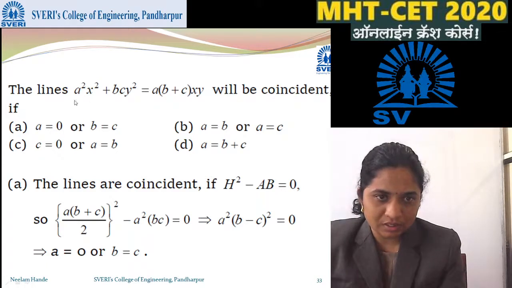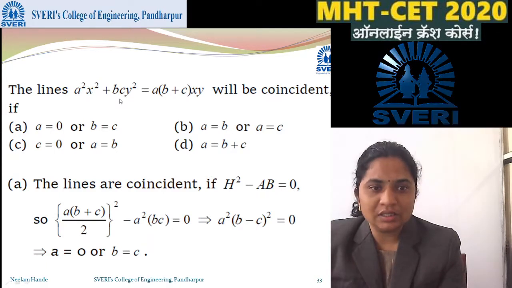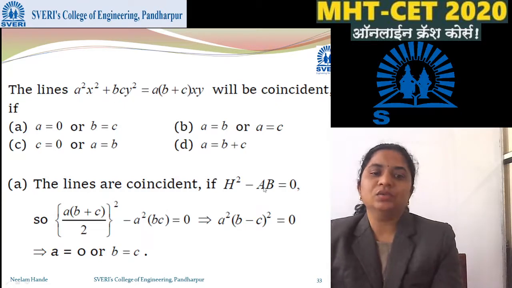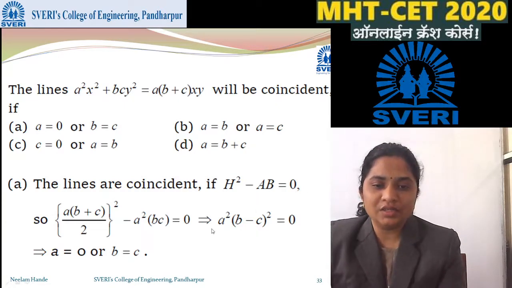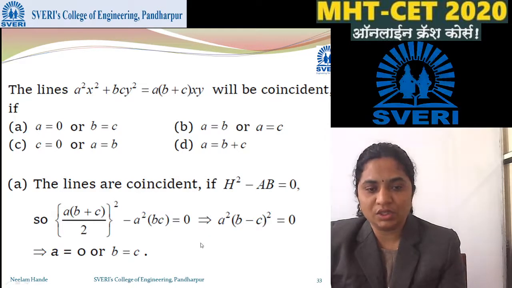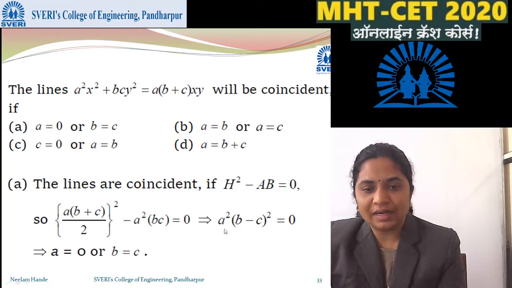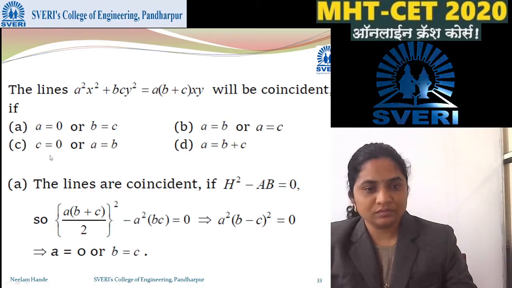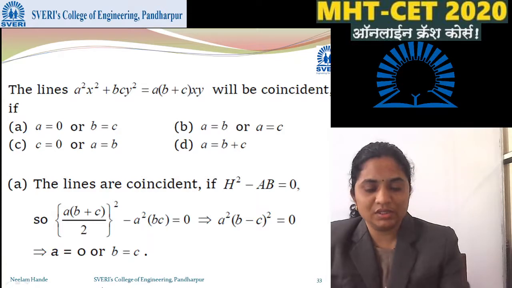A is here a square and b is here bc, ax square plus by square, right? So substituting all the values here and solving, we get that either a is 0 or b minus c is 0, that is b is equal to c. So maybe the first option is correct here.